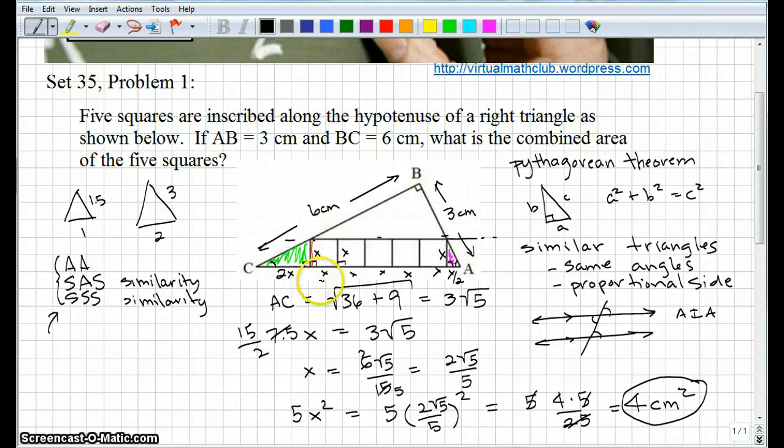But it turns out we really didn't need to use that, because we knew this is a 90-degree angle, and then we know that this angle is equal to the angle of the big triangle, because obviously it's the same angle, and the same way over here. So there you go. That's the answer, 4 square centimeters.